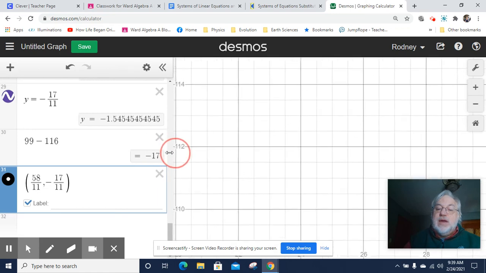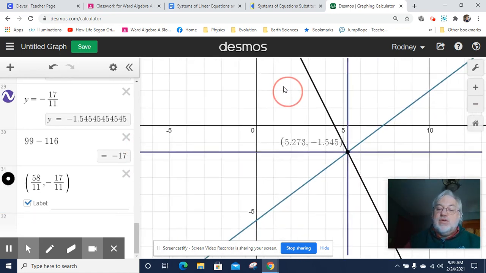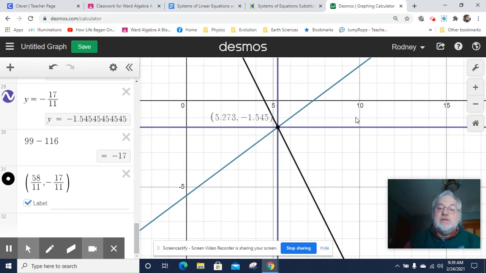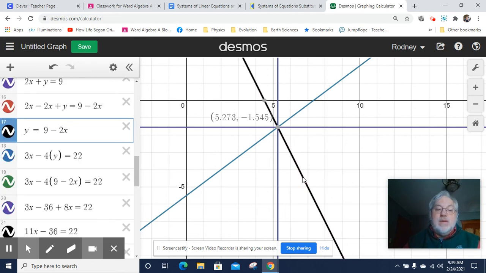I'm going to zoom out onto the graphs, and you can see that solution right there. These horizontal and vertical lines are just what's happening when I'm solving for a single variable, once I'd have eliminated one of the variables through substitution. But this line here is actually both that, but it is also, let me turn that off.